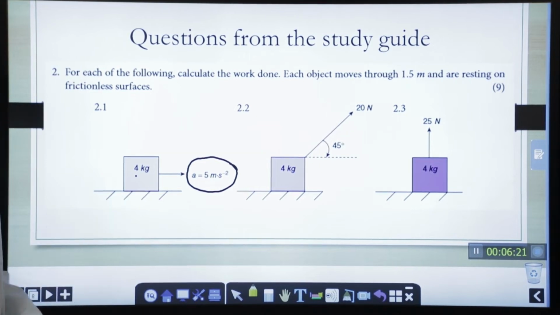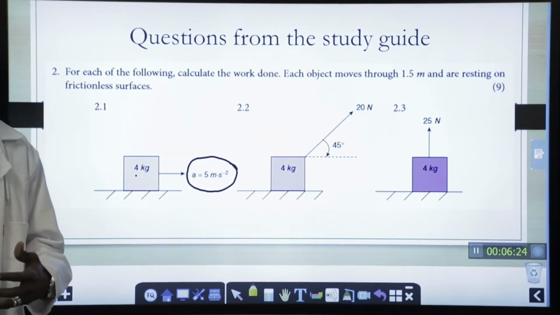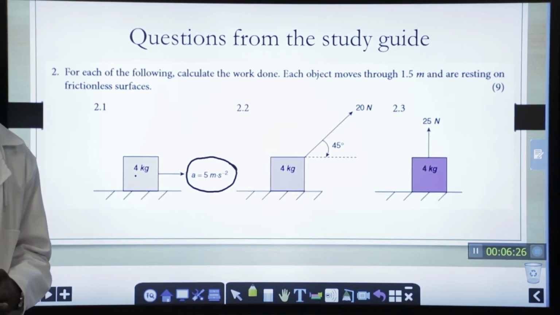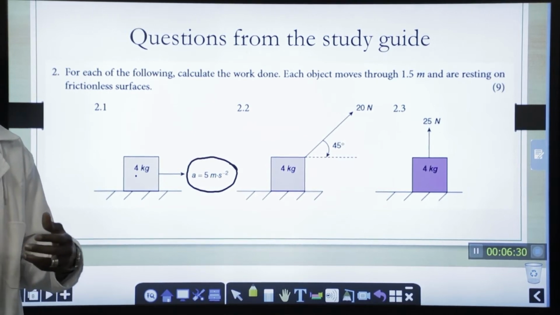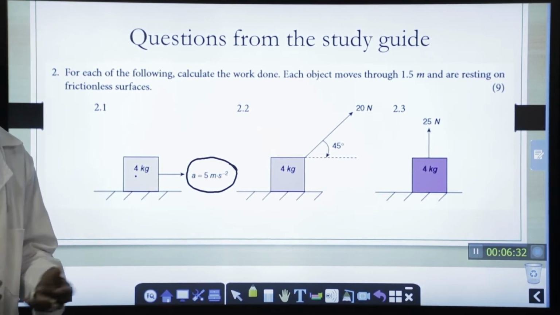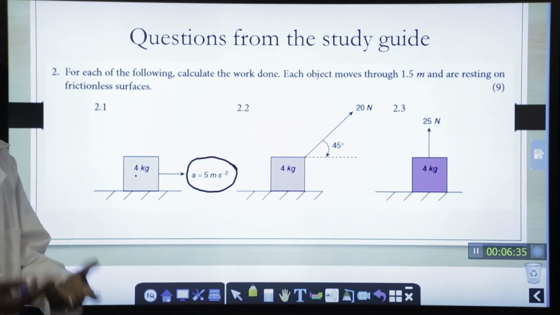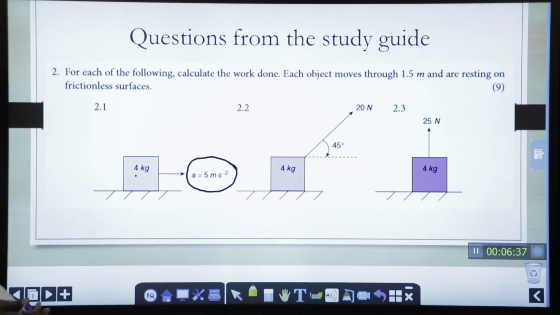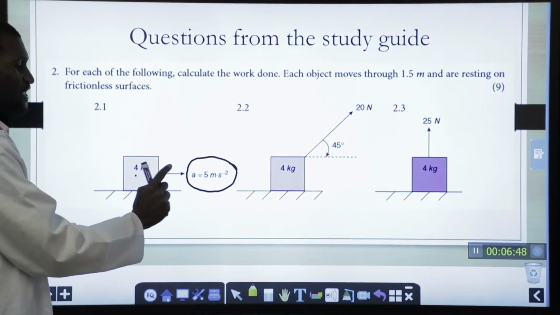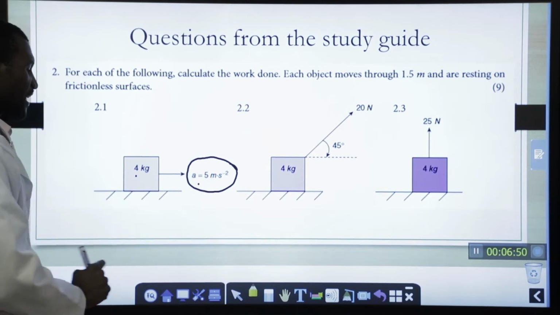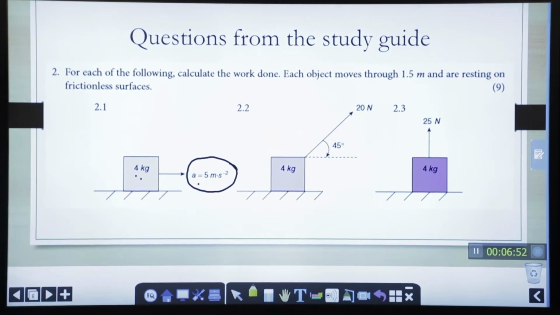I have often talked about how laws of physics interact with each other, come together. They never oppose each other. They rather work together for us to find out answers to questions. What law have we done that can help us find a force when we are given acceleration and mass?